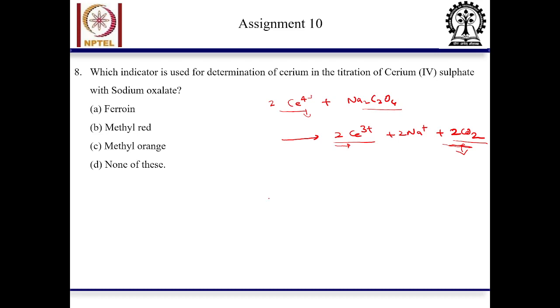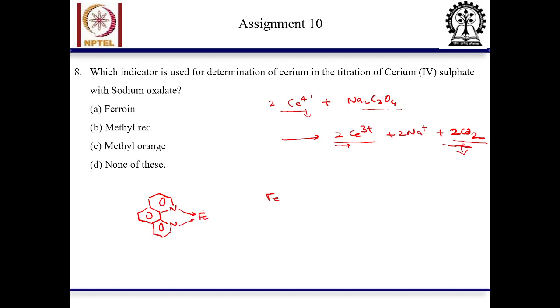So what is ferroin? It is the 1,10-phenanthroline complex of iron. I will just write what 1,10-phenanthroline is. You have a benzene ring, then you have these nitrogen groups here. It is a bidentate ligand, so it will form a complex with iron.